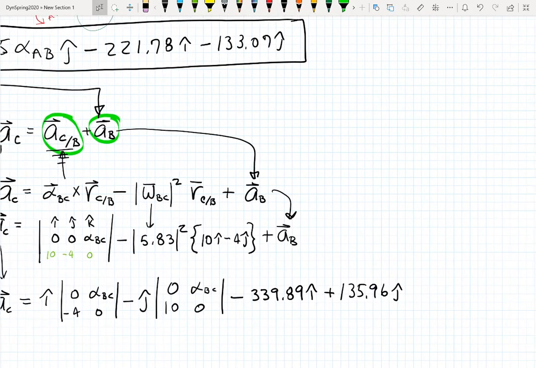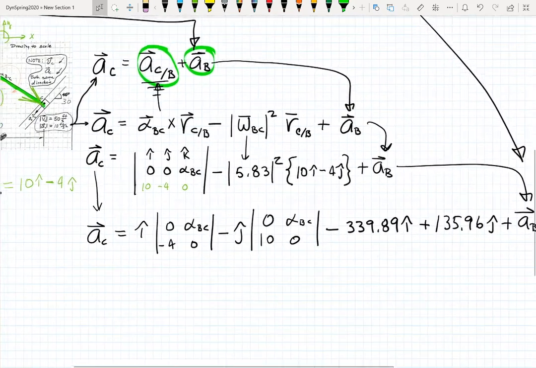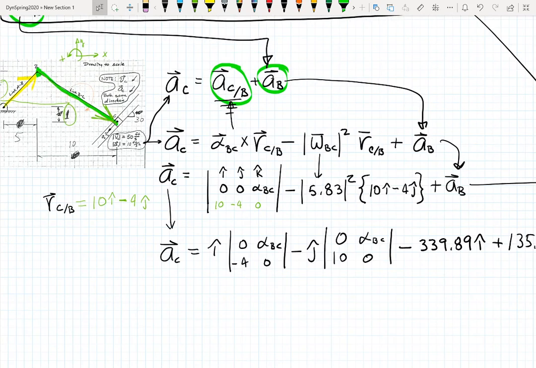And you can't forget the acceleration of B. Deal with it later. We're going to copy this in later. Now I've got to go ahead and break each of these down.